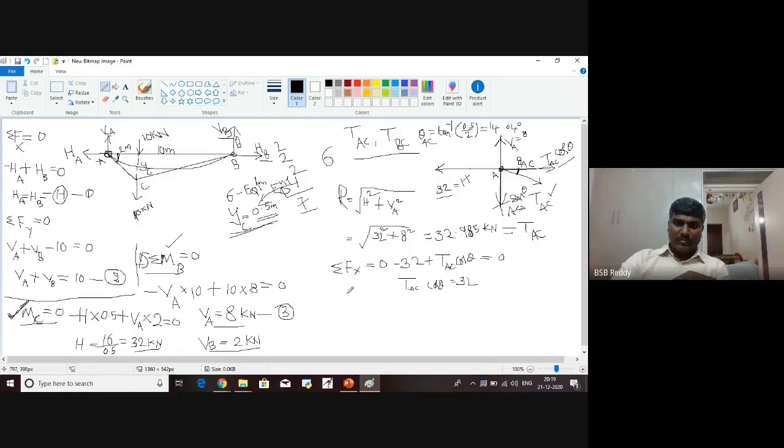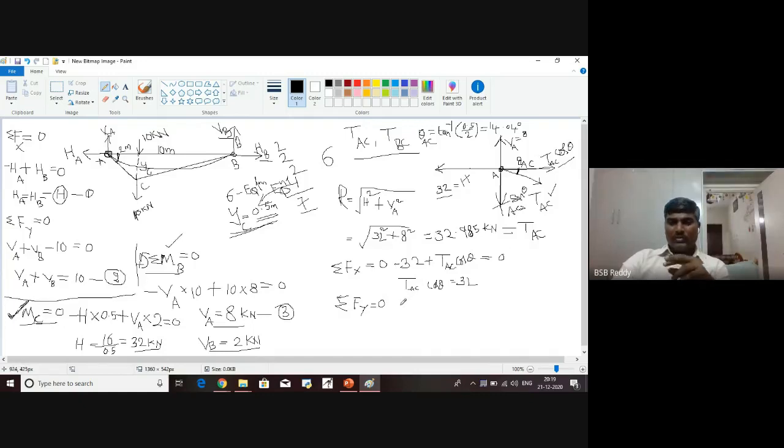Similarly, if you apply sigma of y equals 0, what do you have? Upward force 8, downward force TAC sin theta.